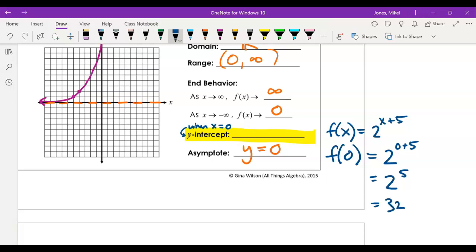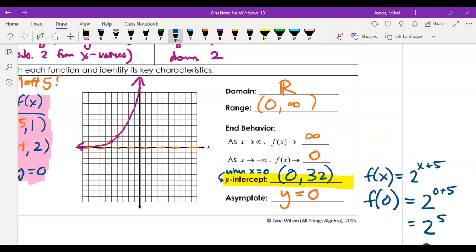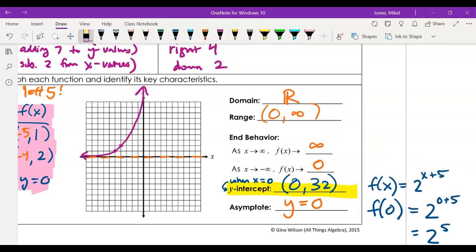Oh yeah, it's way up there. So 0, 32. So definitely my graph should be a lot steeper. It's still fine for just a rough sketch of a graph, but now that I know it's 32, I'm going to try and make it a little bit more like that.